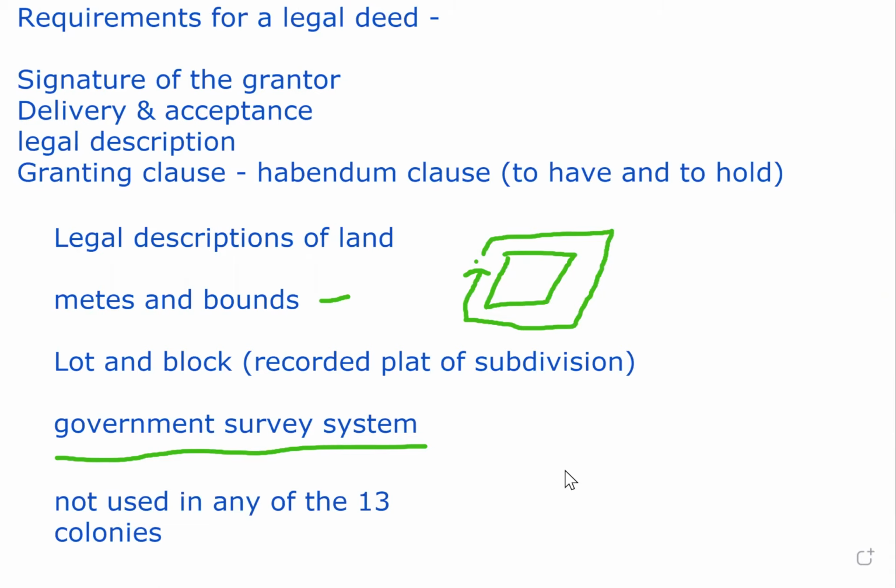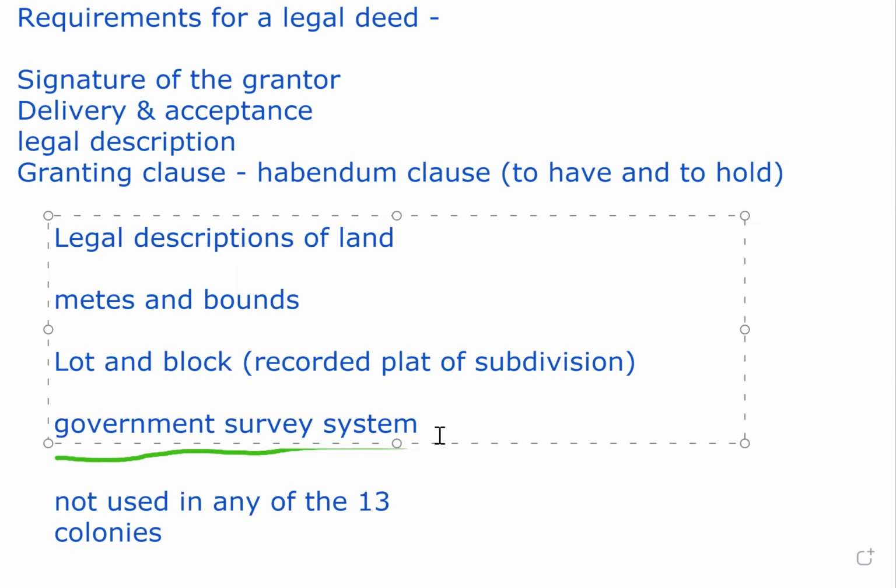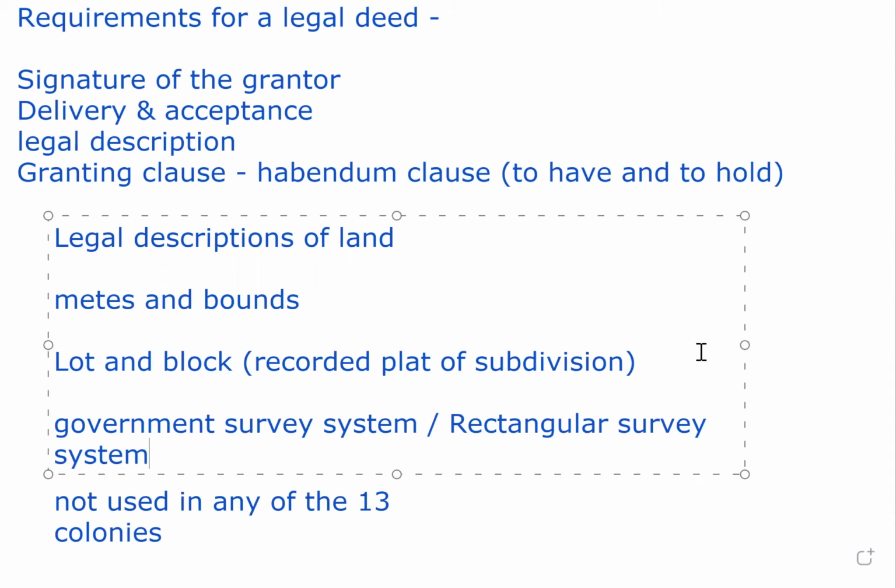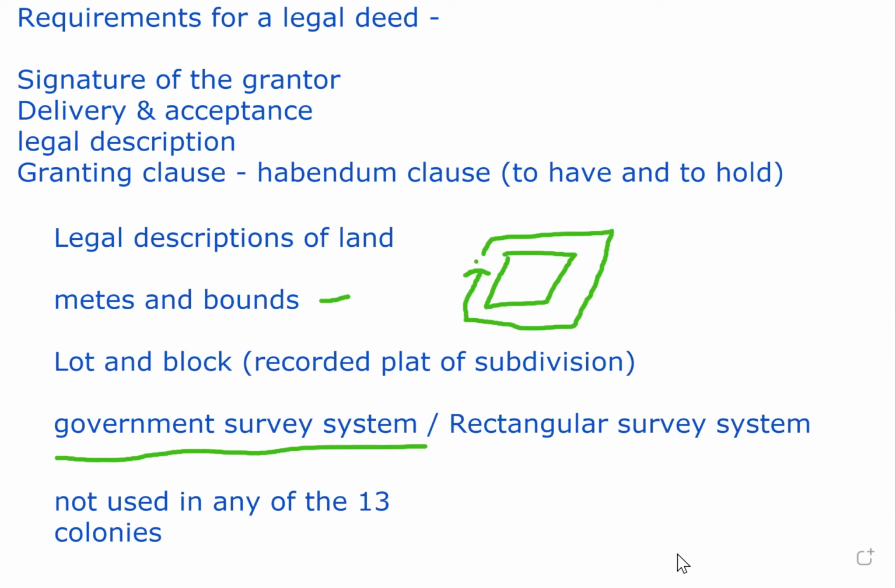Probably not using the government survey system. It's also known as the rectangular survey system. Notice how when we go out to the West Coast, a lot of those states look rectangular and square-ish, right? So that's one of the many reasons.